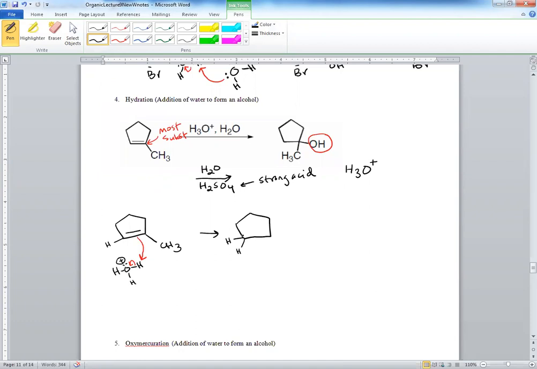Now, this is following Markovnikov's rule because it will create a carbocation. So we followed Markovnikov's rule, where we add H to the one with more H's.